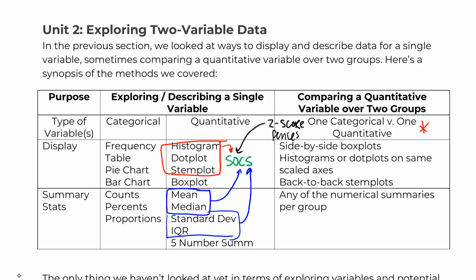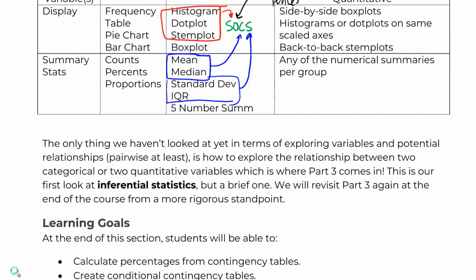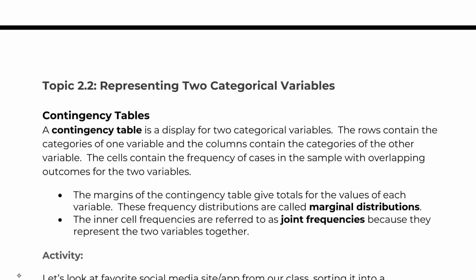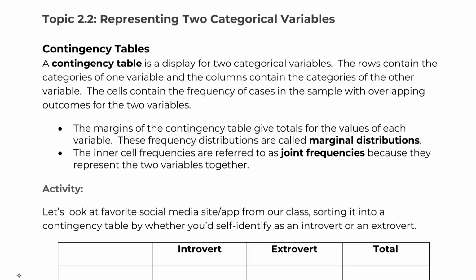And now we're going to move on in part 2 and see ways that we can look for relationships between two categorical variables and two quantitative variables. So we're going to start with two categorical variables. And that's what I'm going to have our knowledge check on Tuesday. So we're talking about representing two categorical variables. The easiest way to do this is a contingency table.